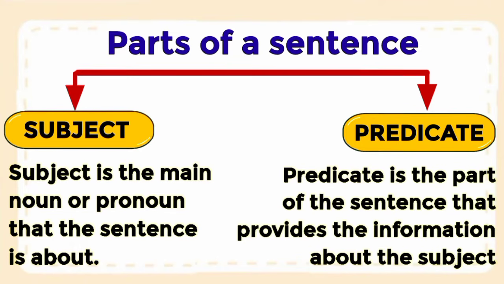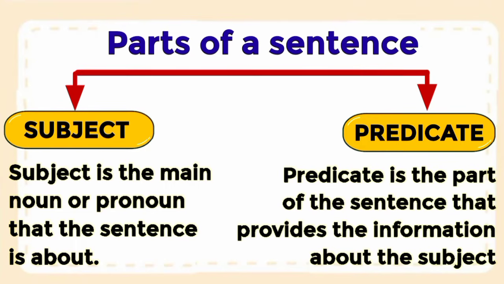In a sentence, the subject always tells us who is doing the action or who are we talking about. And the predicate always tells us the information about the subject. It tells us what the subject is doing or what the subject is describing.